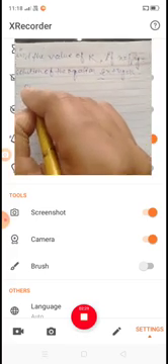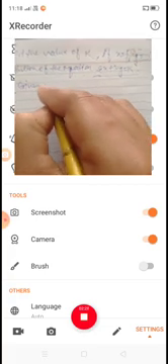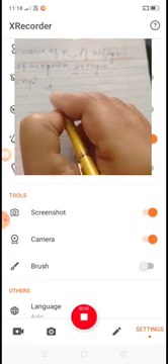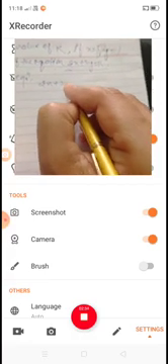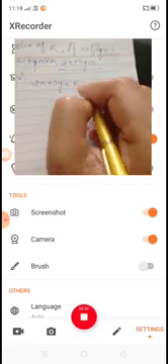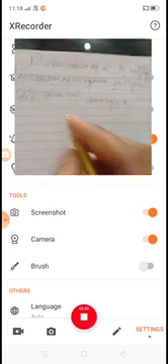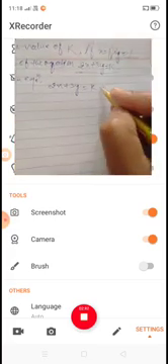First of all, we write the given equation 2x plus 3y is equal to k. Take it as equation number 1.